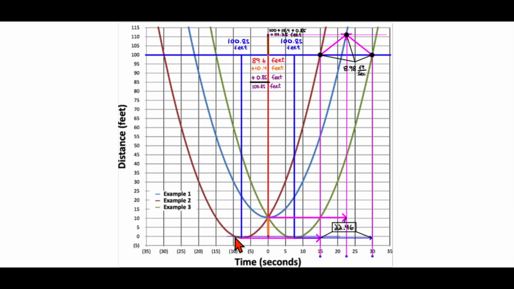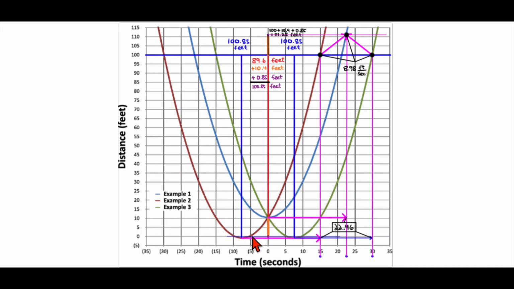So 2 different times body 2 is at point 0, and 2 different times body 3 is at point 0.